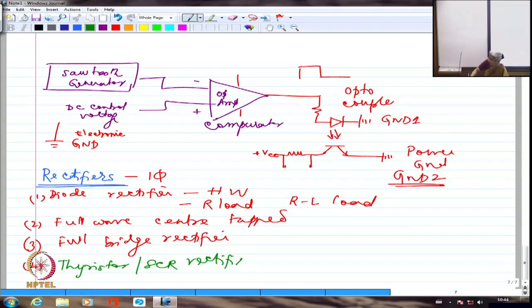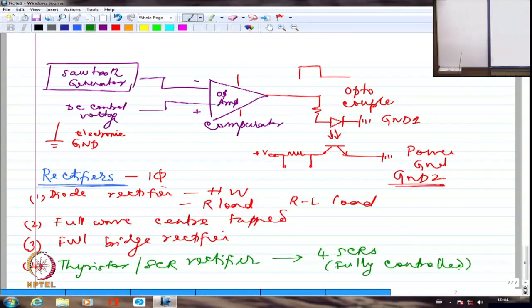So in the SCR rectifier, again we will be looking at fully controlled, that is 4 SCRs used in a bridge. So this is known as a fully controlled rectifier, right? In the fully controlled configuration, we will be looking at R load, RL load, RLE load, all three of them, right?